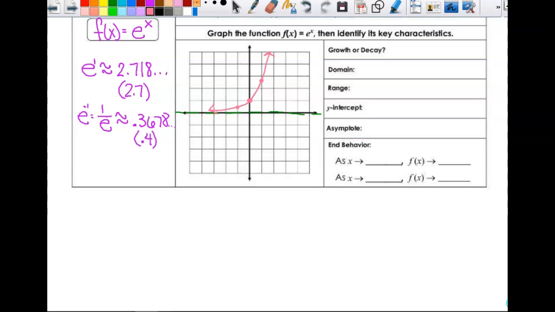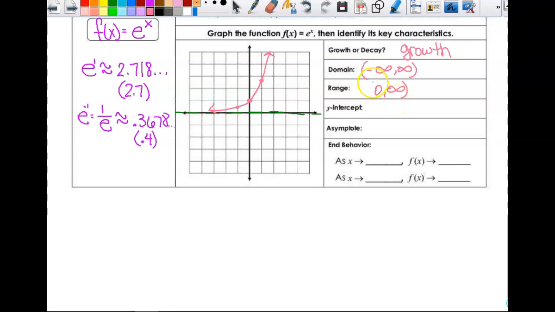Is this growth or decay? Growth. It's exponential growth. My domain, it's all real numbers, right? So negative infinity to infinity. My range, where do I start? 0. Go to 0 to infinity. Do I get to include 0?